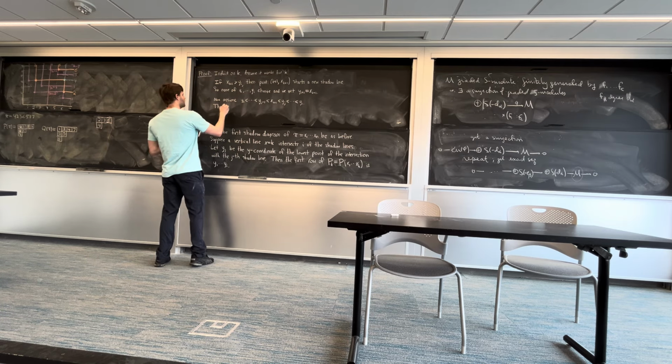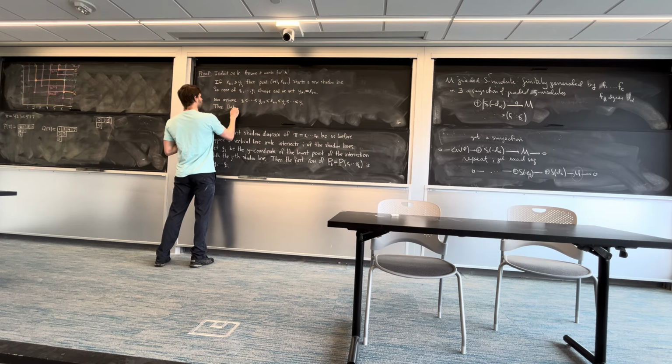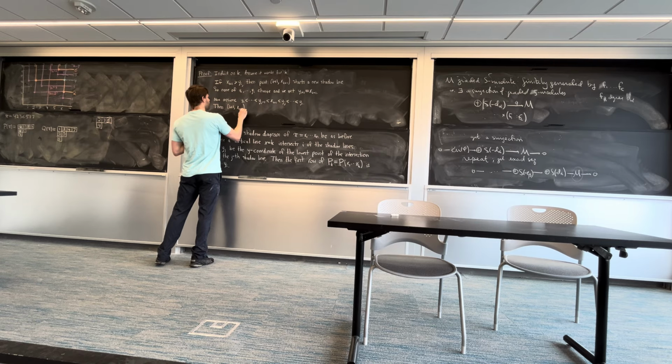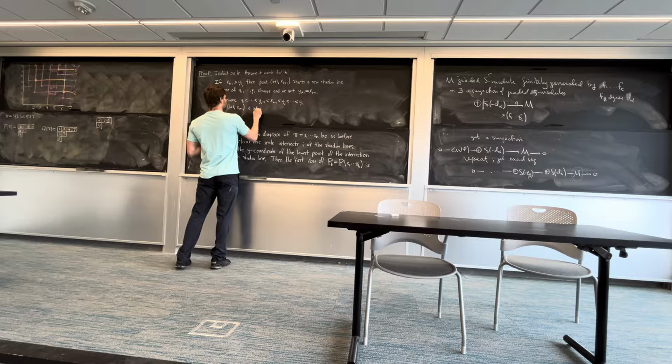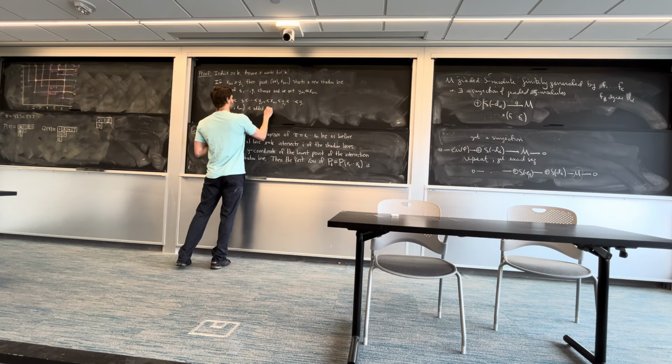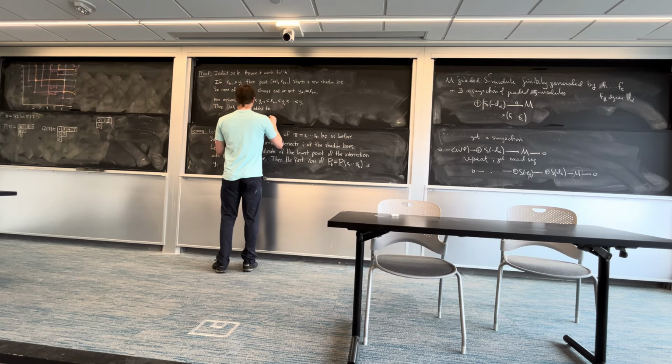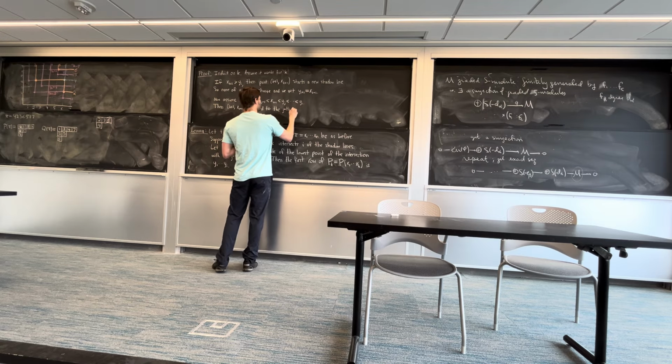So what we'll get there is that this point k plus 1, comma x sub k plus 1 is added to the jth shadow line.